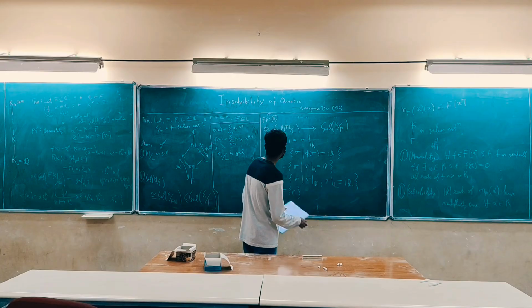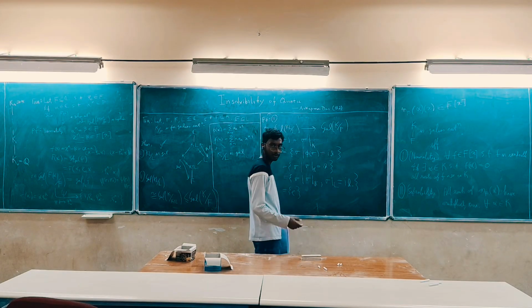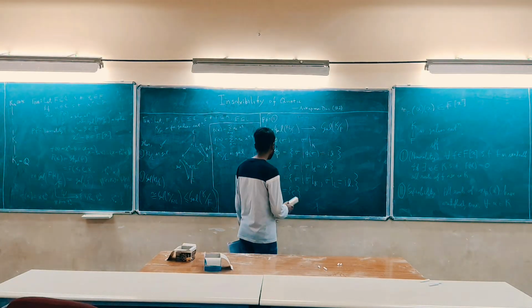And for the second part, how do we calculate what the image of this homomorphism is?